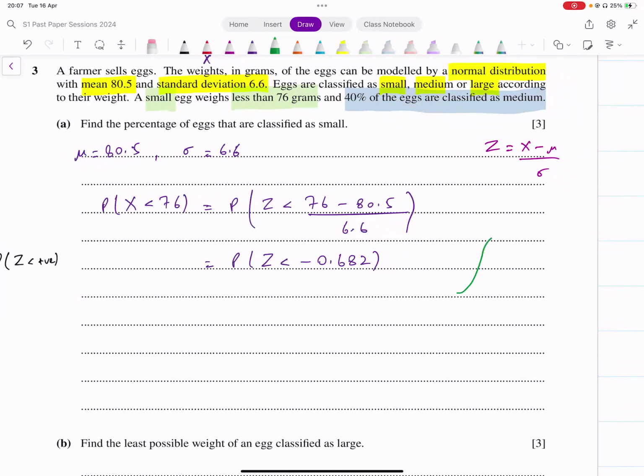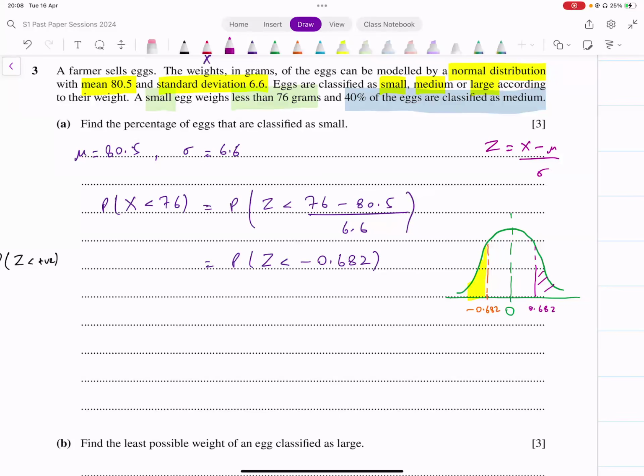Let's think of the normal distribution curve. You draw a rough sketch like this. If it's a Z distribution, you have 0 in the middle, and the negative value is going to be on the left side. Let's say that's here, minus 0.682. What's the area that we're looking for? We're looking for the area to the left of this value. What we can do is flip this first. That area is the same as the area to the right of 0.682.